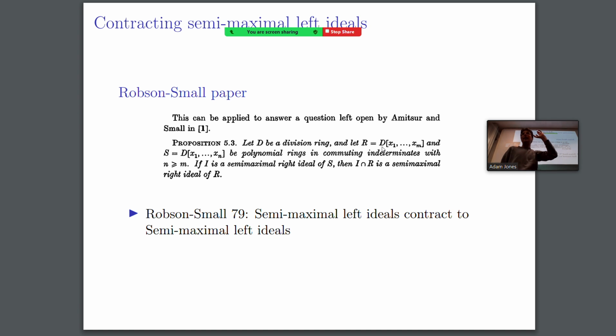In particular, if you have a maximal left ideal, then the contraction will be at least a semi-maximal left ideal. So they answered the second part of the question of Amitsur and Small from the earlier paper, but not the first part.